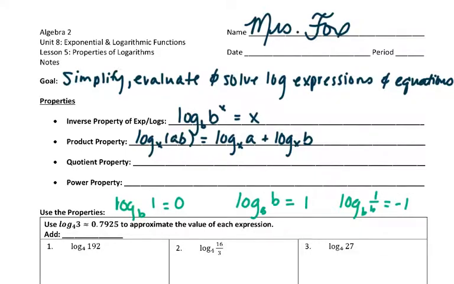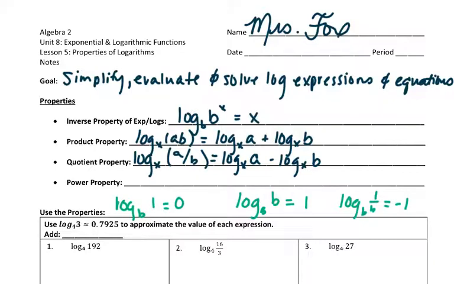The quotient property is kind of the opposite of multiplying. So if you have log base x of a divided by b, instead of adding this time, you're going to have log base x of a minus log base x of b. So this one's going to be subtraction.